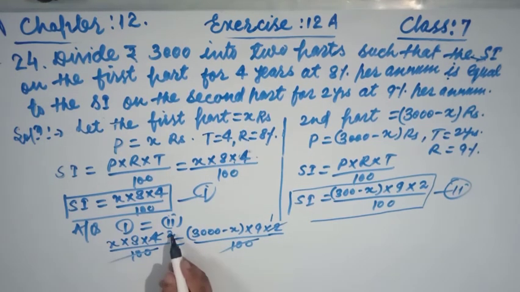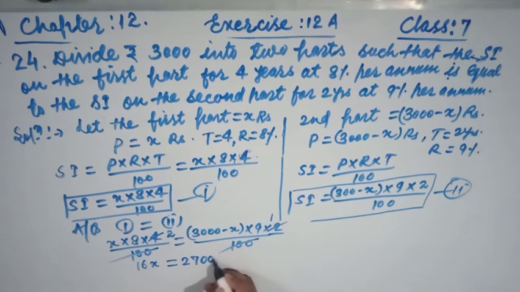Now multiply. 8 twos are 16, so 16x is on the left-hand side, and on the right 9 into 1 is 27, so 27000 minus 9x.